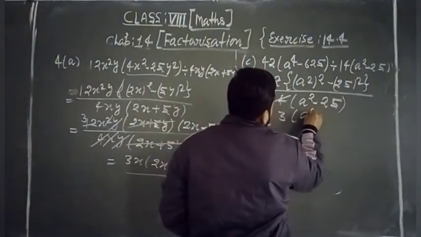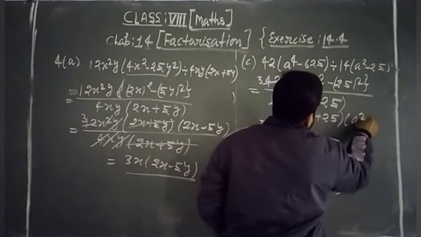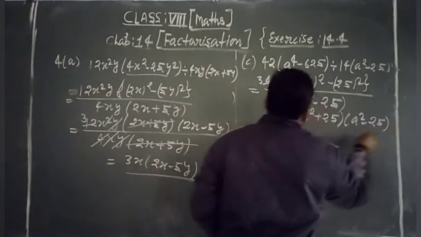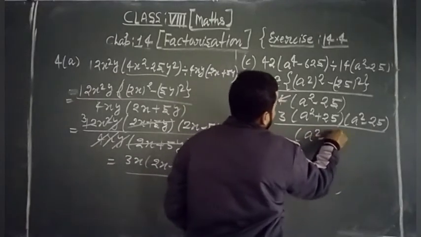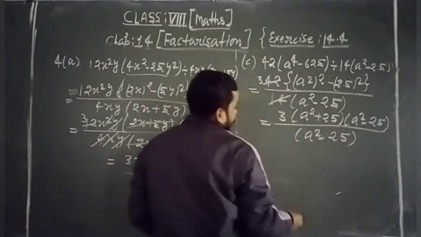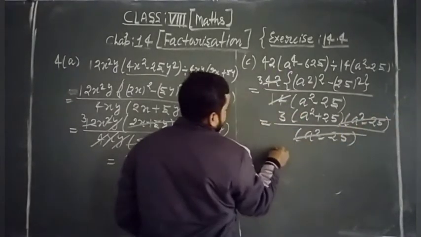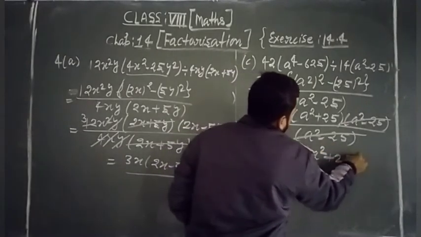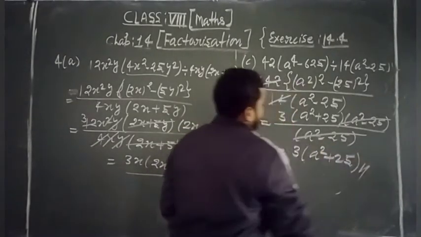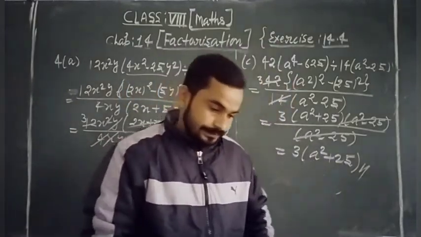Right here a square plus 25 and a square minus 25, divided by a square minus 25. So we have 3 bracket a square plus 25. This is the quotient of this given expression.